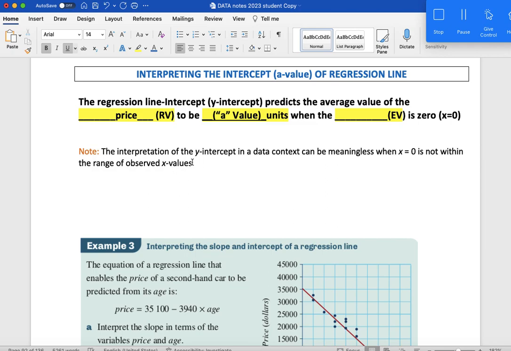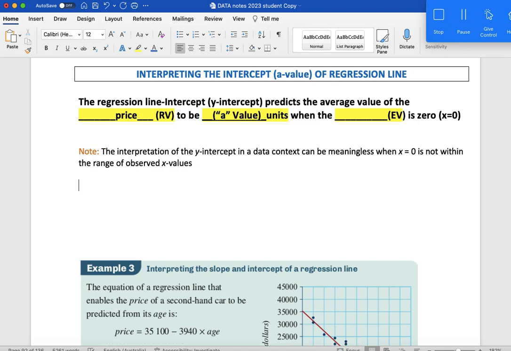So the interpretation of the y-intercept in the data context can be meaningless. So in terms of yesterday, when I said, say, if you want to write down in there, you might say, for an example, weight versus height is an example of when the y-intercept would not be appropriate. No one is ever 0 height.